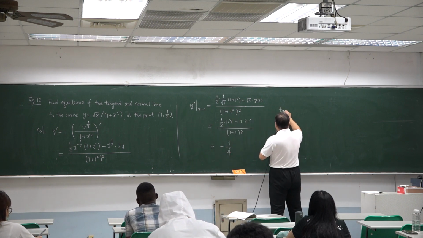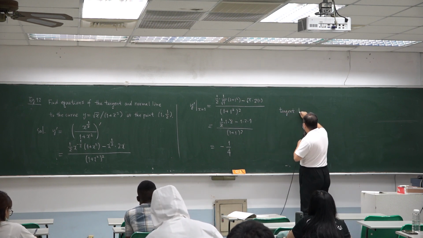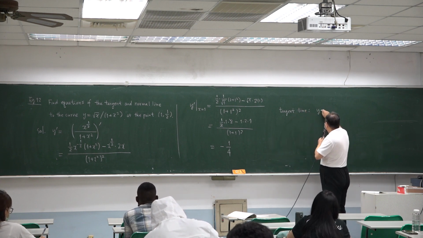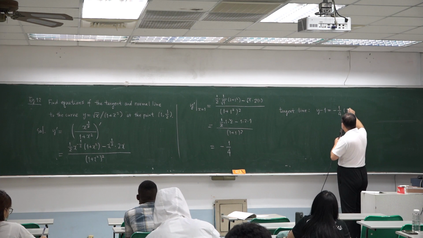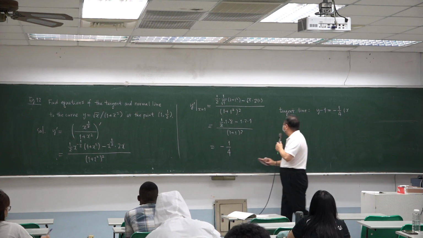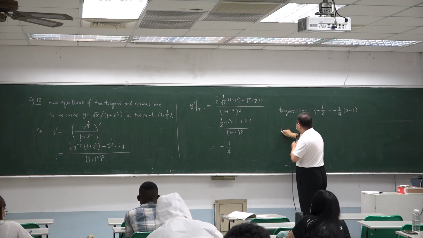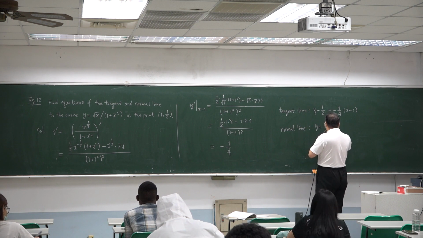So the tangent line is y minus 1/2 equals the slope times x minus 1.